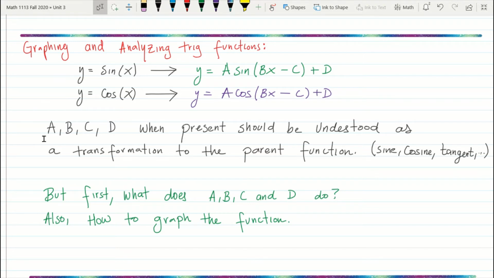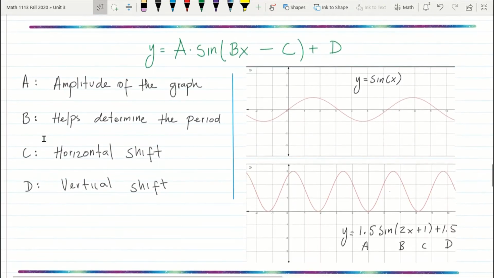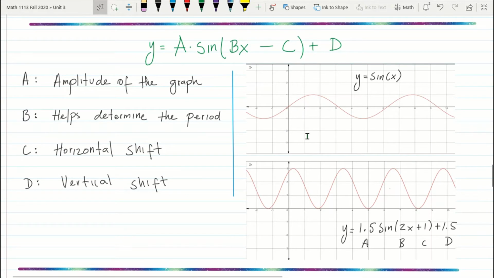But we can look more specifically at what a, b, c, and d do. Okay, so a good example here is the plain parent function y equals sine of x, and you have a, b, c, and d, and here I am explaining what they do.